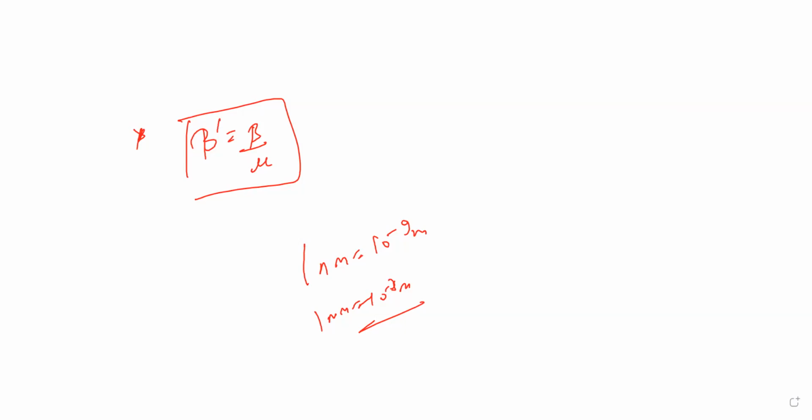If the distance between the slits is 10 to the power minus 3 meter, calculate the wavelength of the light used.